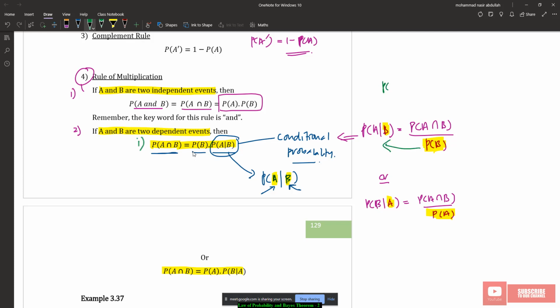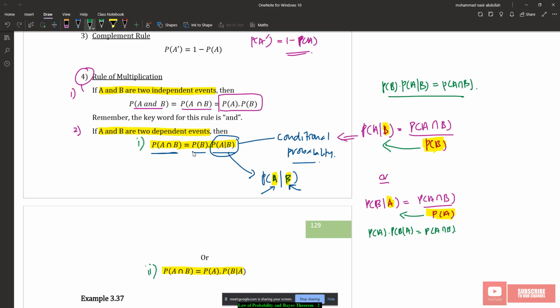Probability of B multiplied with probability of A given B is equal to probability of A intersect B. Right? And this one sama juga. Probability of A multiplied with probability of B given A is equal to probability of A intersect B, which is our same lah. Number 2 also same.